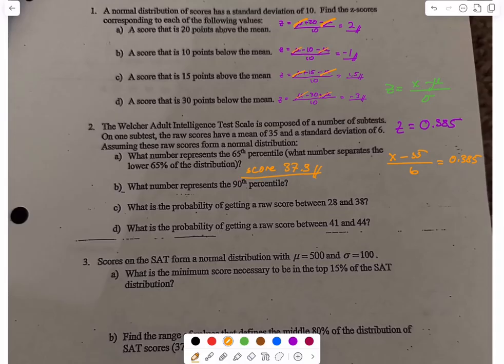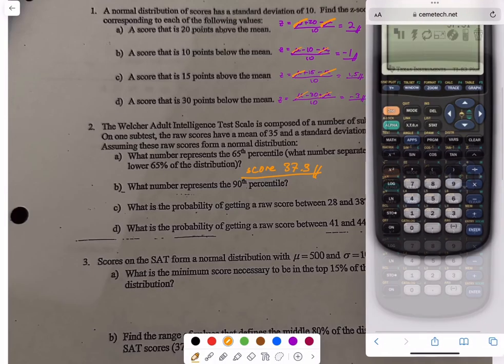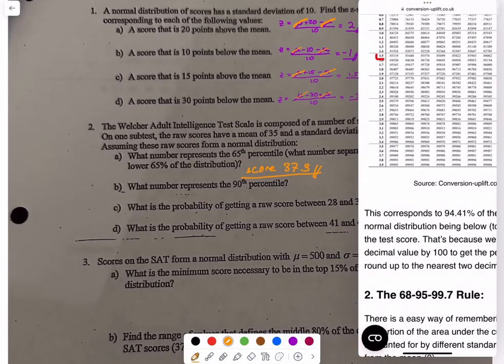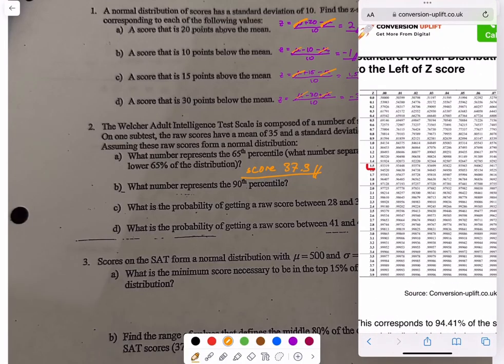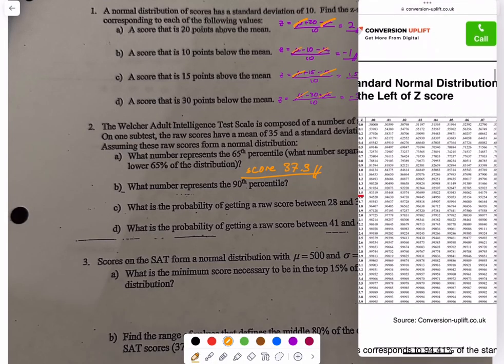Okay, so let me explain how I got this result. If we want the 65th percentile, we want our x value to be greater than 65% of the rest of the data. So I started on the standard normal distribution chart.